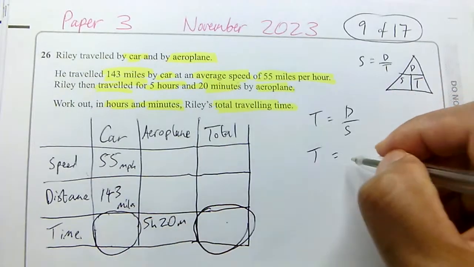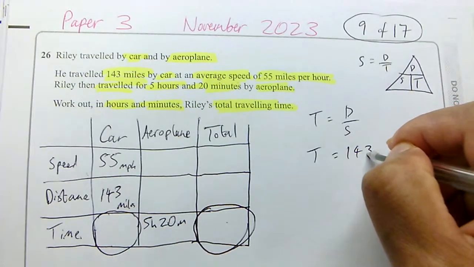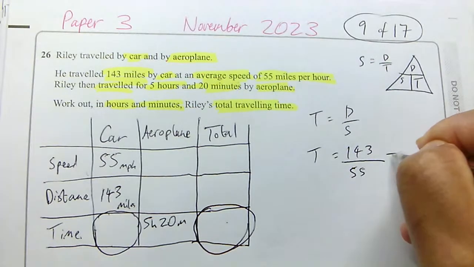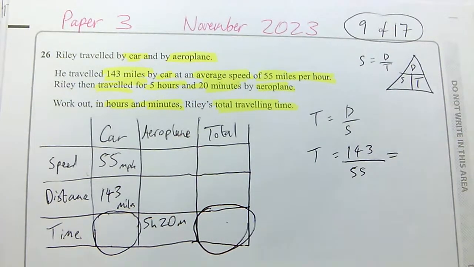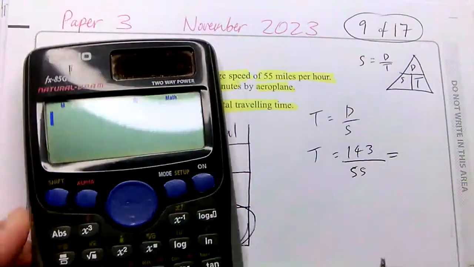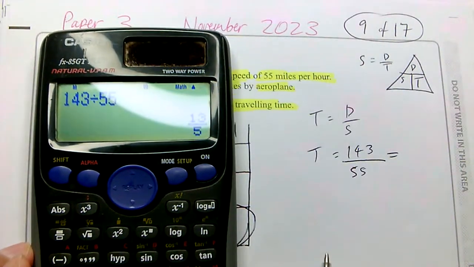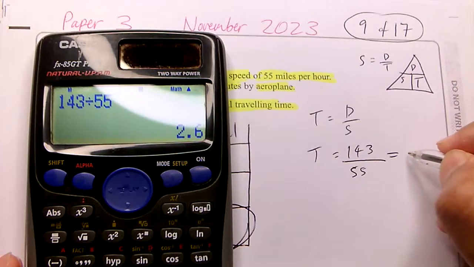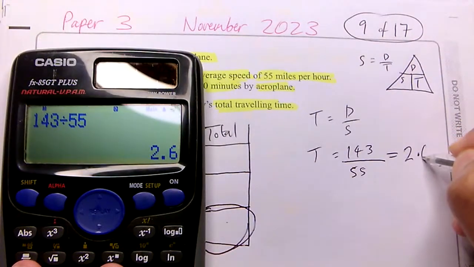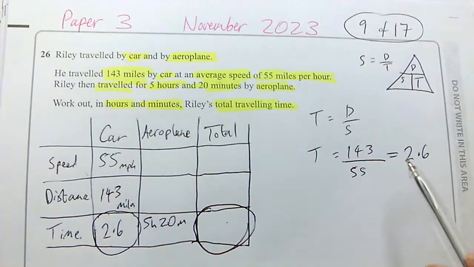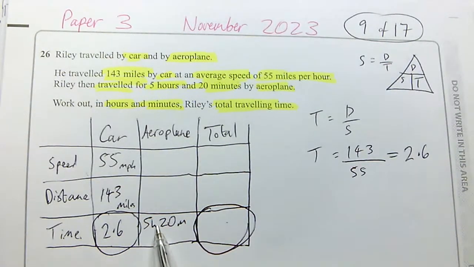My distance is 143 divided by speed is 55. So put it into the calculator. 143 divided by 55 gives me 2.6. So this goes in here. Now what I need to be careful of here is that this is in hours and minutes.